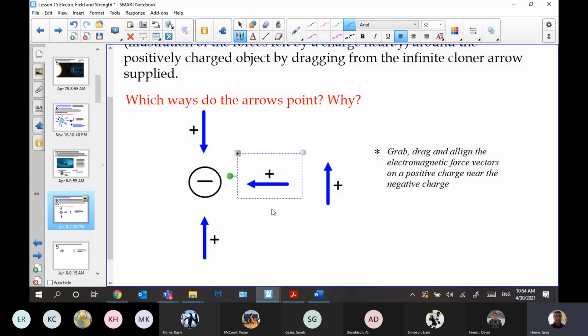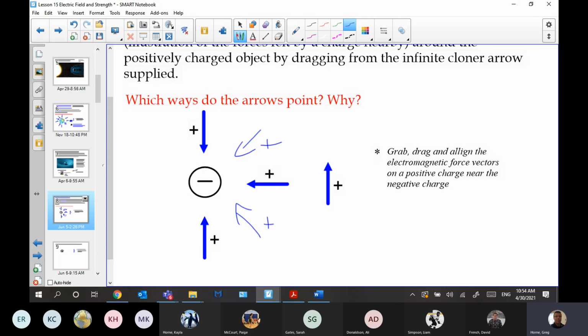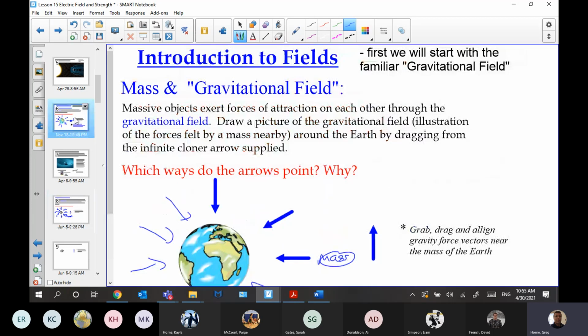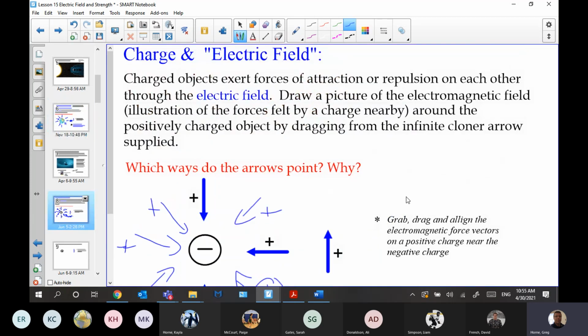Just like the other page, I'll show a bunch, but then cut this down a little bit, where we'd have a positive charge attracting all the time. So instead of mass, we're talking about charge.